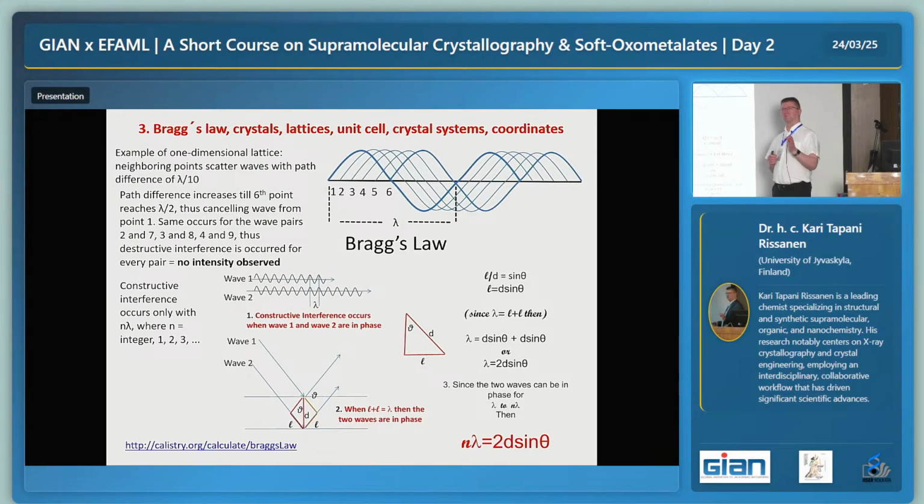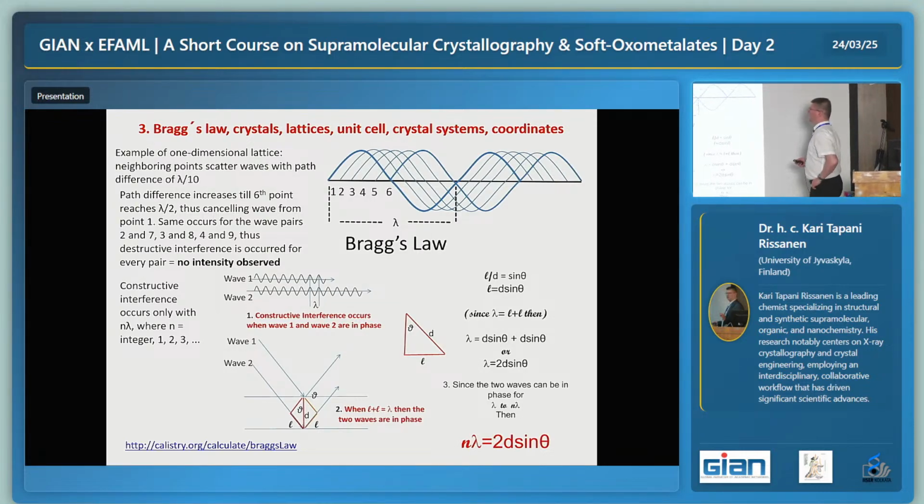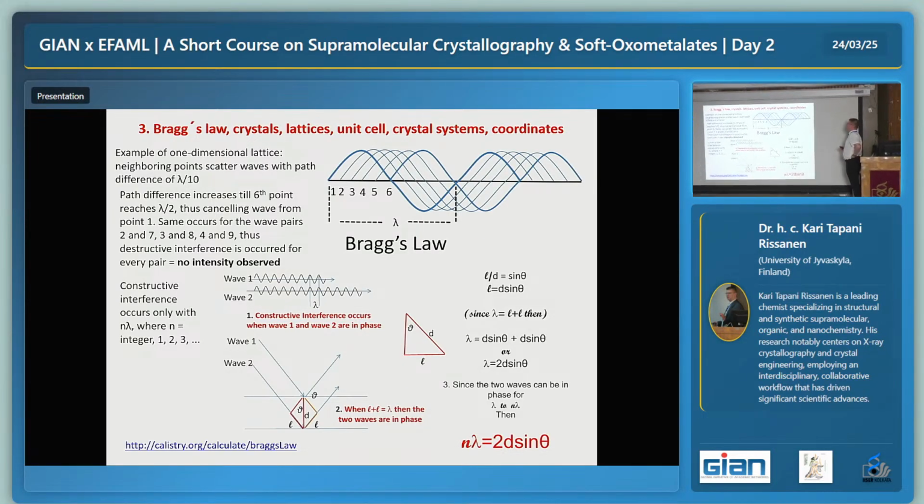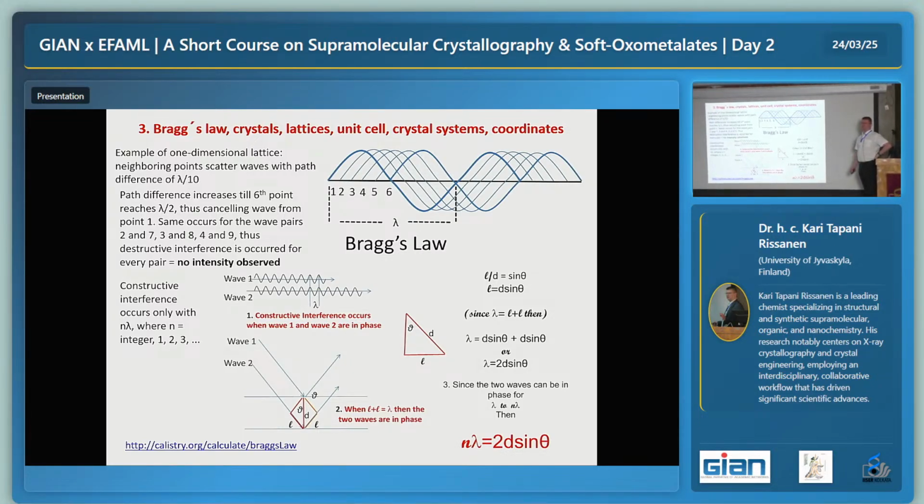So we go step by step, and we go more from theory to the practice at the later part of the course. The point we will discuss now in this first course: Bragg's law, crystals, lattices, unit cells, crystal systems, and coordinates. These are all things which actually come from the diffraction itself, but that's how it goes.